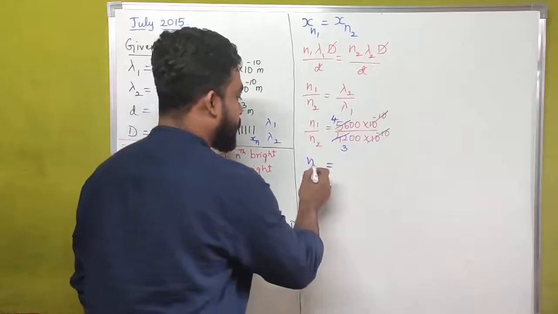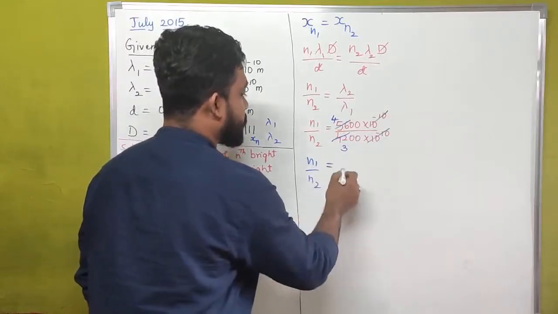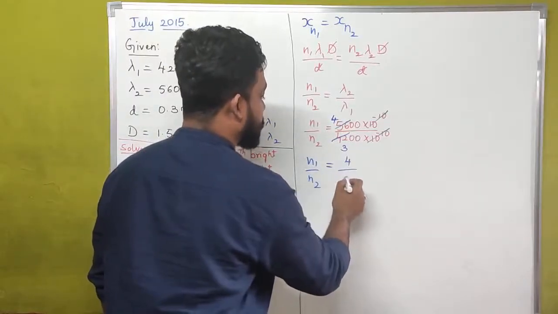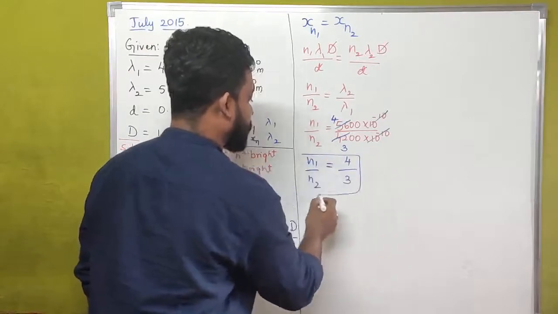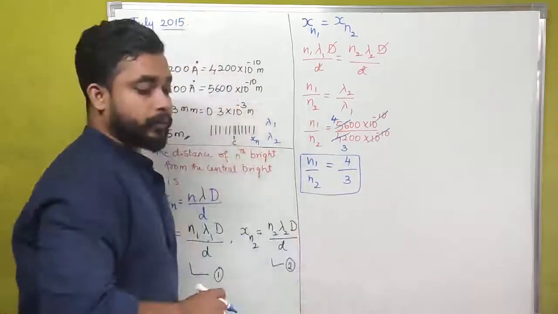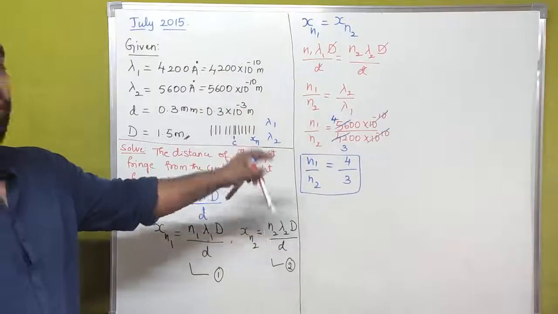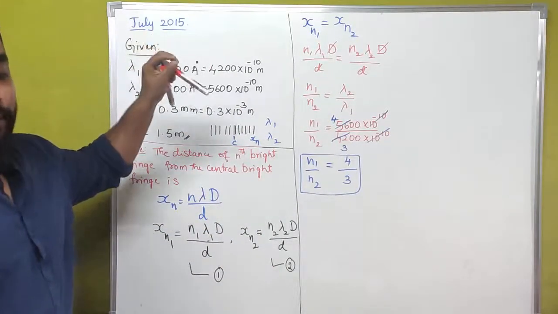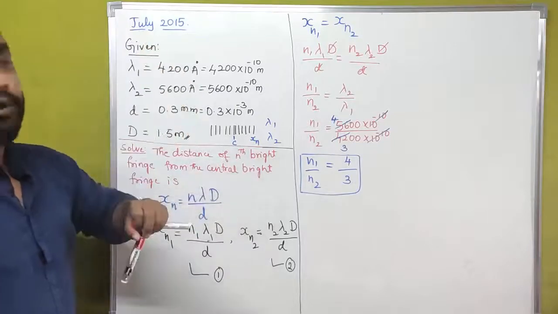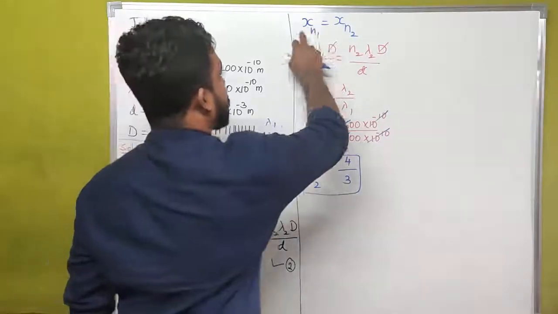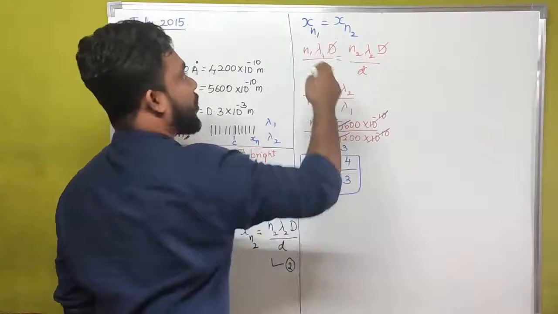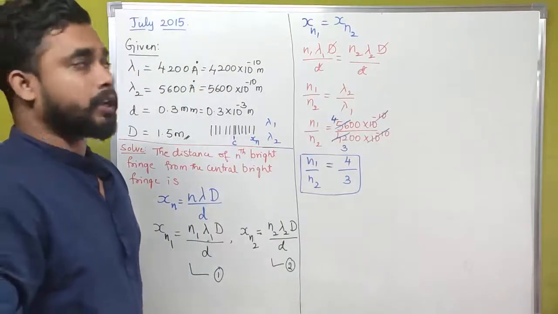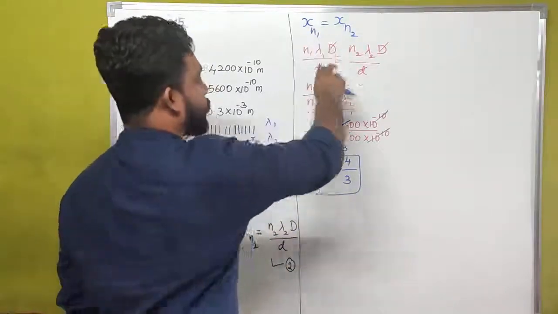Then what is the value of n1 and n2? n1 is equal to 4 and n2 is equal to 3. Actually this is what we have got, but this is not yet the answer. What we have to find out is the value of xn1 and xn2. Either we calculate xn1 or xn2 because both are the same.